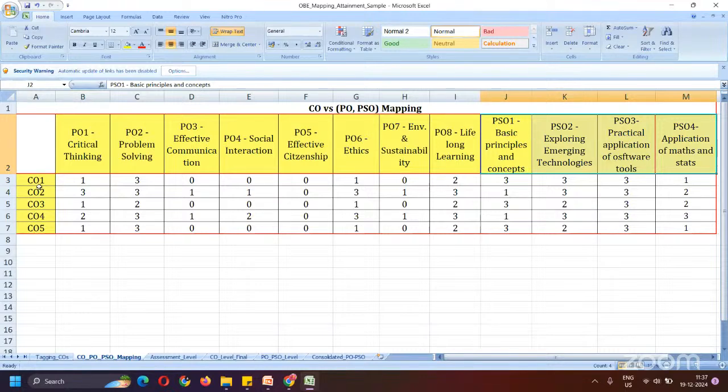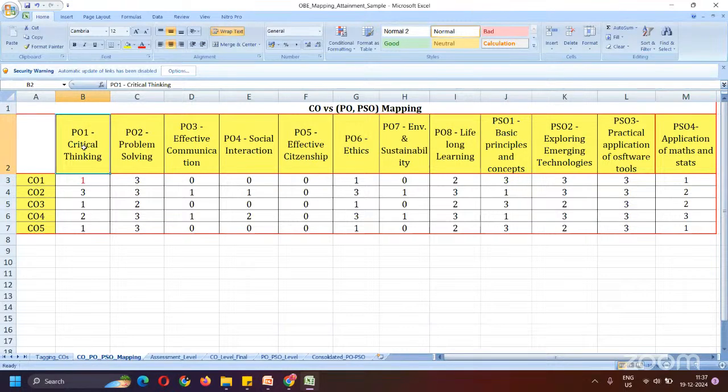Now I have been doing the mapping. How will I map this cell? If I'm taking this cell, the CO1 I have mapped with PO1. This has to be calculated with the strength of mapping relationship. So I have to calculate how many sessions of my syllabus are contributing to critical thinking in my subject.